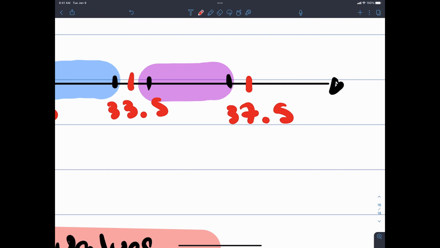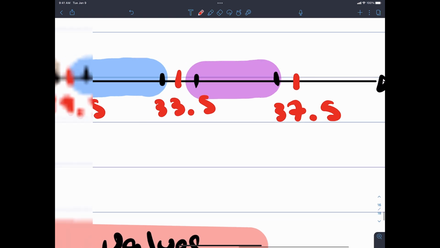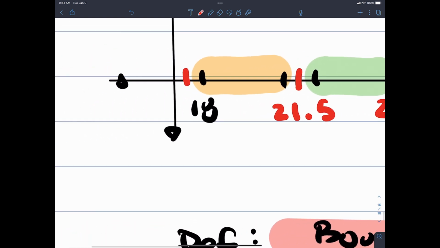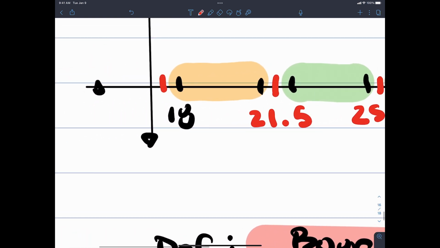Okay? But also make sure, even though you say, okay, there isn't a bin prior to 18, but if there were, what would the boundary value be? 17.5. So I'm going to label this in red, 17.5.